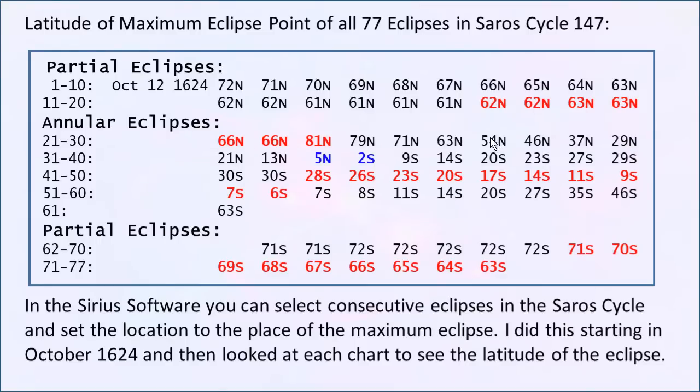For example, like this one, 21 north to 13 north to 5 north. We've jumped from 21 north to 2 south within 3 eclipses. It's moved very rapidly. Whereas other places like here, 68, 67, 66, 65, 64, 60, are very gradual and slow.